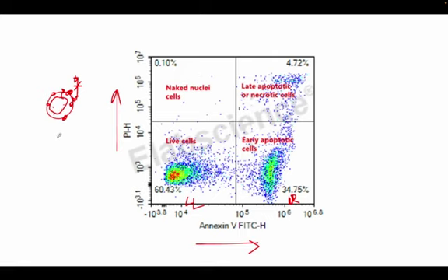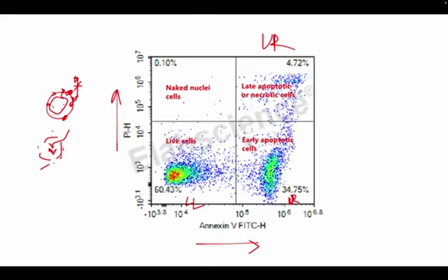But in late apoptosis, as we discussed, obviously the flipping of phosphatidylserine has already taken place. But now there are also pores in the membrane which allow propidium iodide to bind to the DNA. So this will be the double positive population. Late apoptotic or necrotic cells will be the double positive population, which is present in the upper right quadrant.